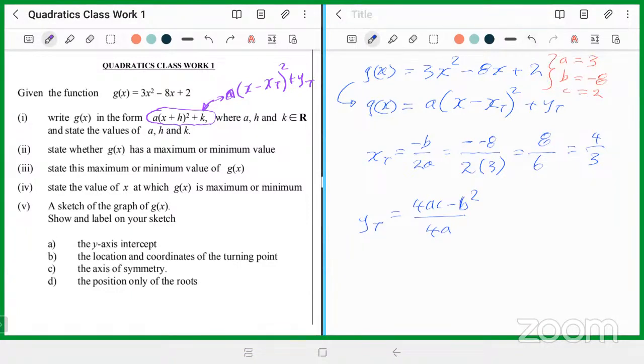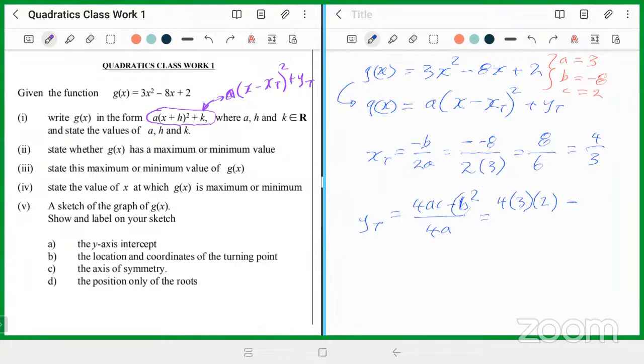All right, so let's go. So it's 4 times the a. The a value right here, as I said, is a 3. So it's 4 times 3 times the c, where the c is 2. Minus, this minus is this one. And then we're going to be squaring the b.